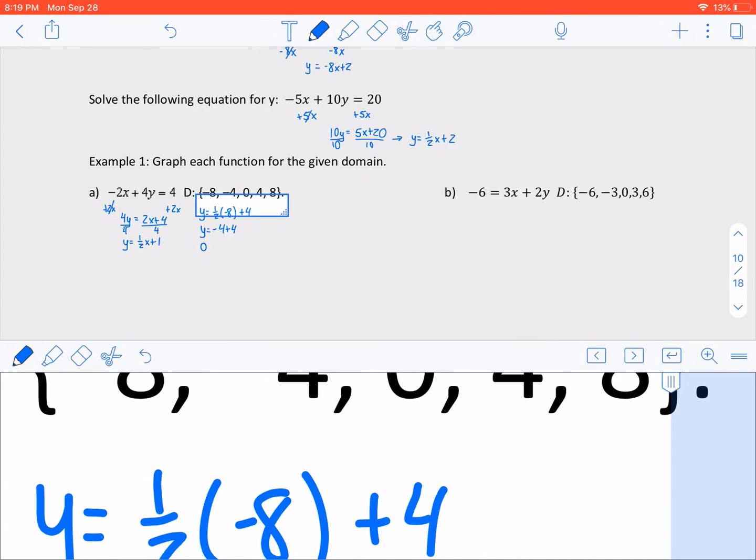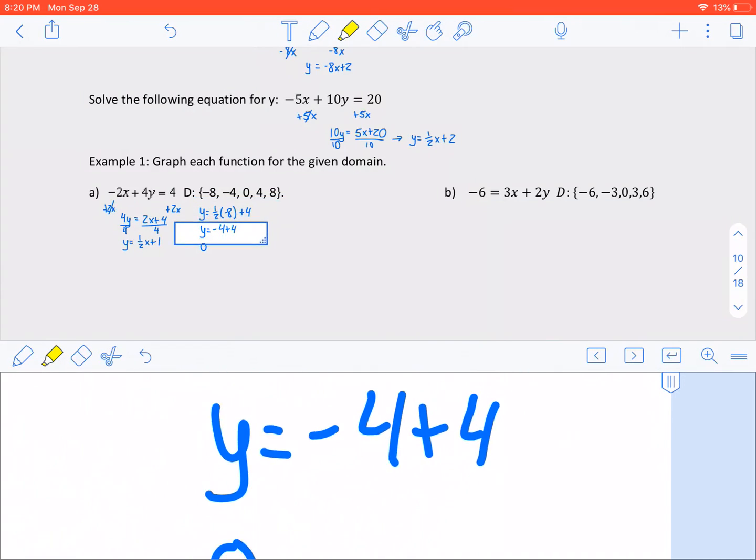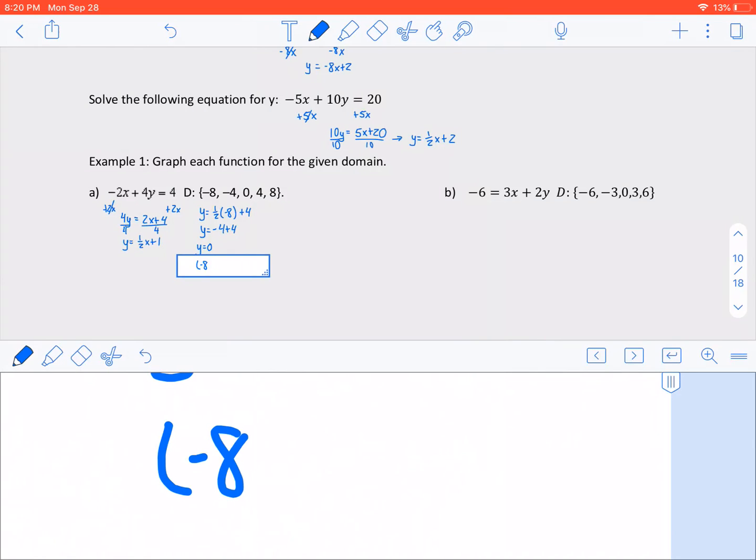So when I plug in x, which is negative 8, I get 0 for y. When x is negative 8, y is 0. So my ordered pair for that one is negative 8, comma 0. X, y. Input, output.